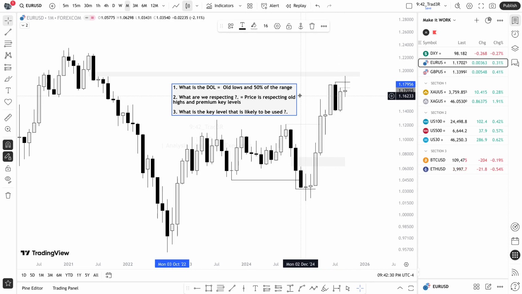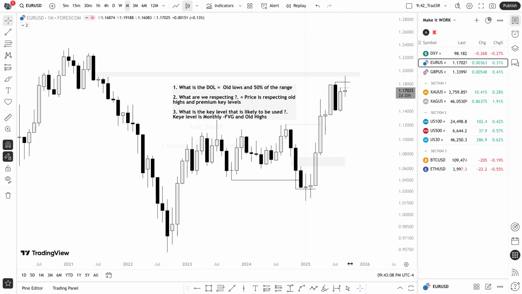So you can see that price is respecting this fair value gap and also these old highs. So on the monthly, the key level is monthly FVG and old highs.